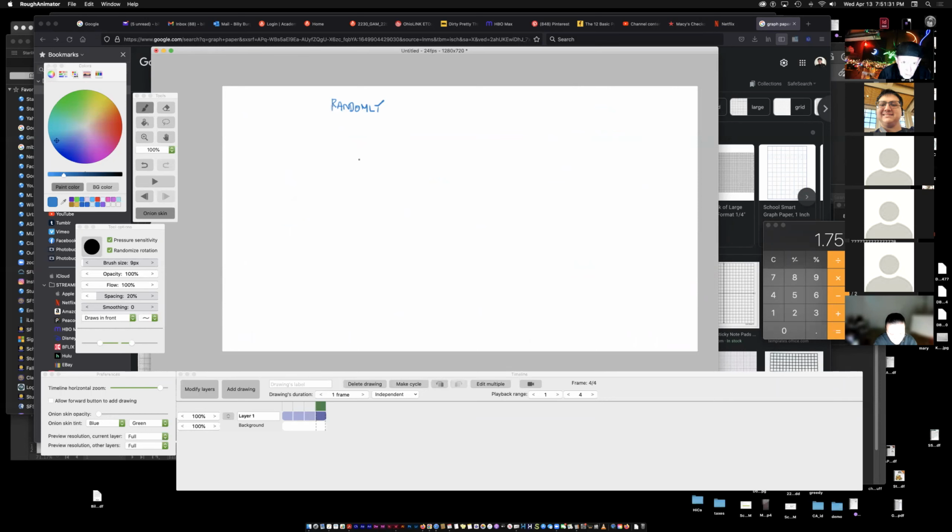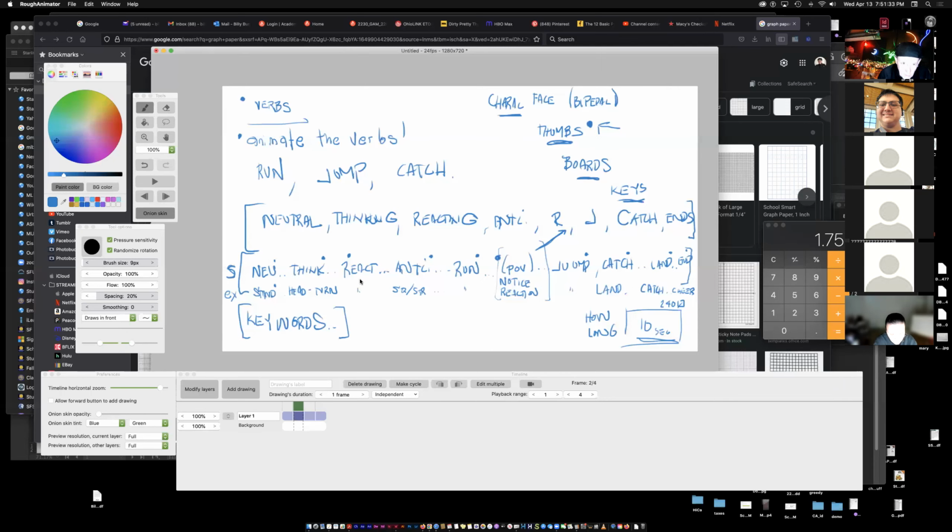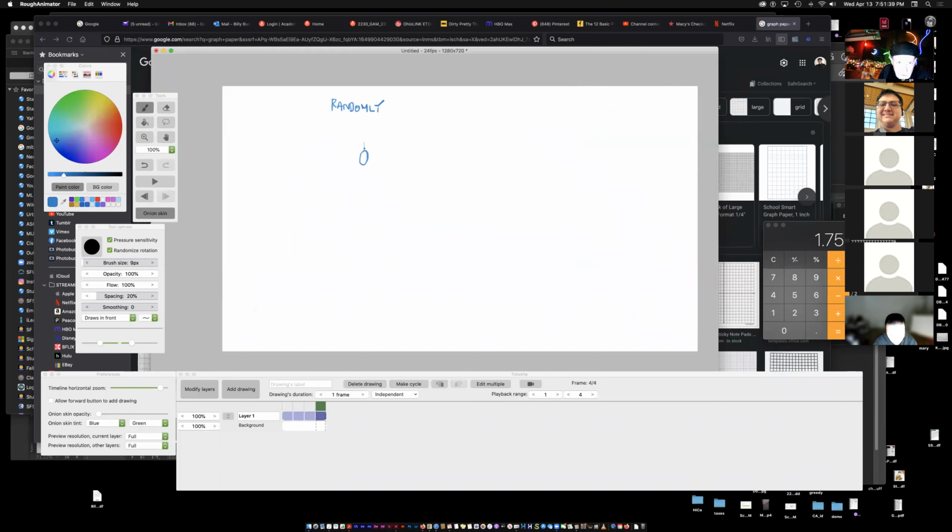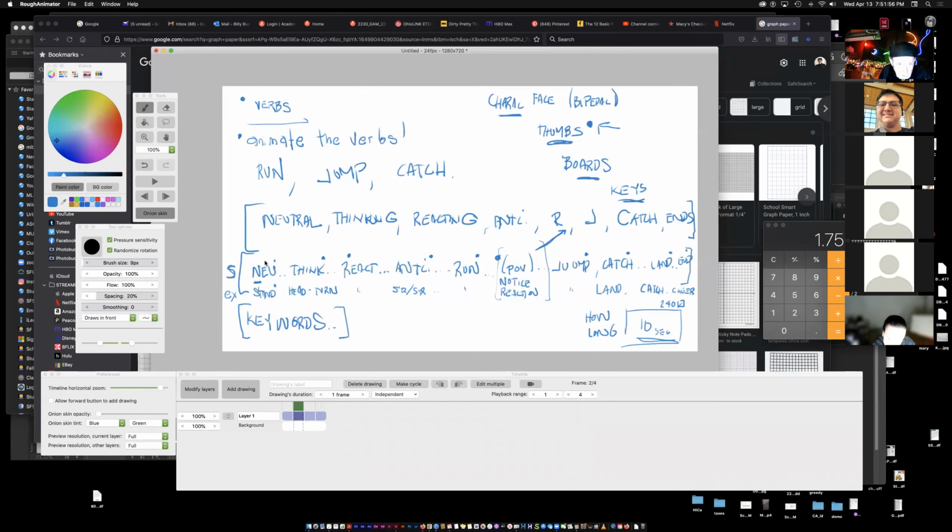So how do you want your character to be standing? What are they doing right here? You're introducing your character to the audience. What are they doing? They're standing, they're just kind of hanging out. You might even think, hey, maybe I would like to change this neutral to walking.